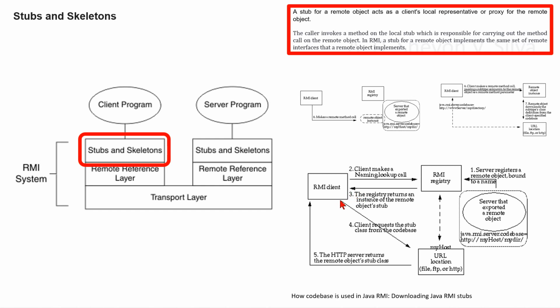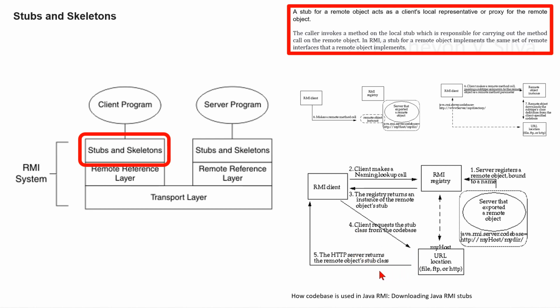4. The client requests the class definition from the codebase. The codebase the client uses is the URL that was annotated to the stub instance when the stub class was loaded by the registry. Back in step 1, the annotated stub for the exported object was registered with the Java RMI registry, bound to the name. 5.